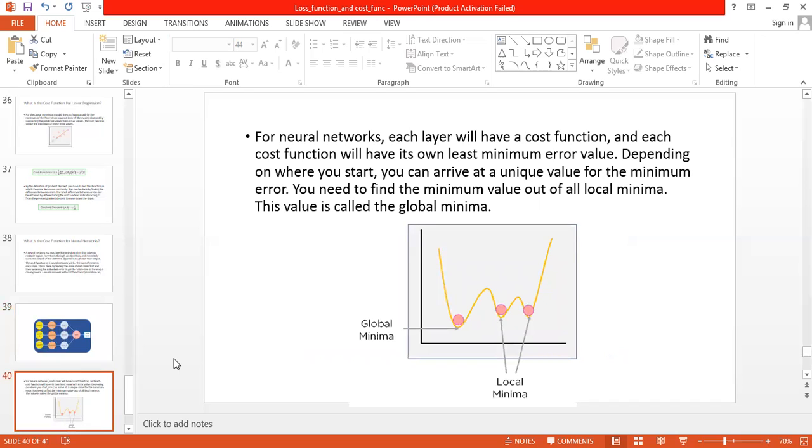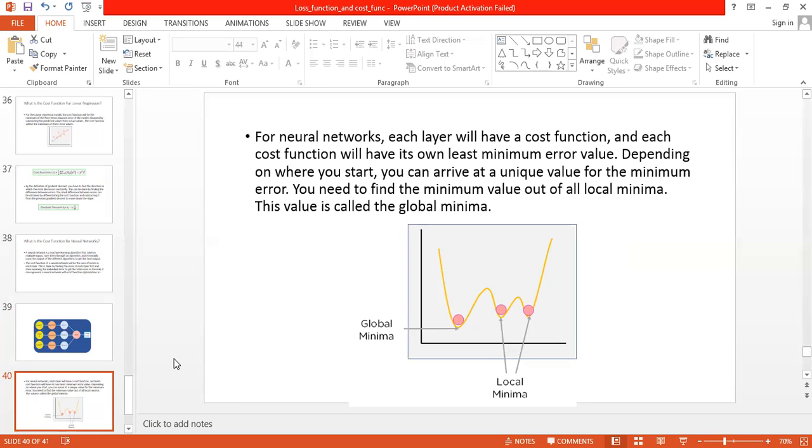So in each layer, okay, there is a concept of local minima and global minima. I will explain it here. In each layer we are calculating the error, or the loss function. In each layer we are calculating the gradient descent.